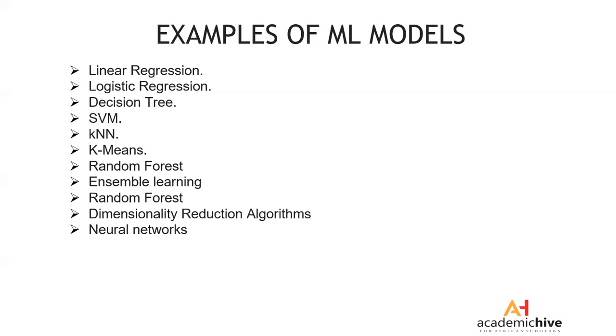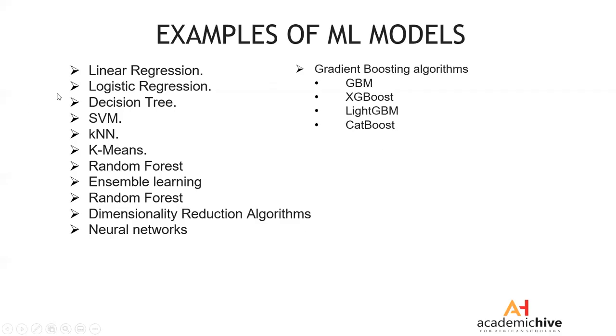So let's quickly look at examples of machine learning models. There are a lot of examples, and I'm sure some of us may have come across them: linear regression, logistic regression, decision trees, support vector machines, k-nearest neighbors, k-means, and what have you.